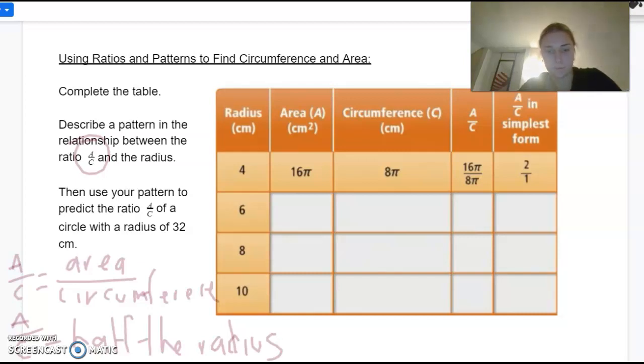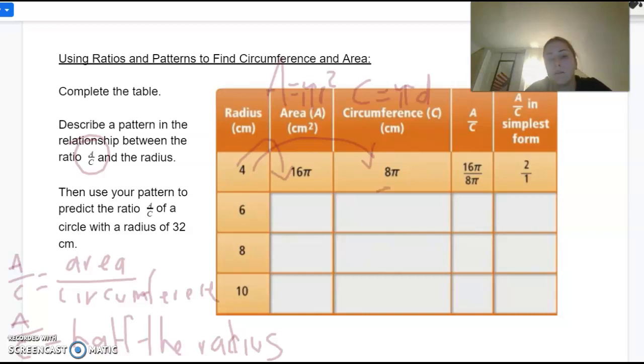So we have 4 for the radius. That gives, and we're getting 16 pi because we did area equals pi r squared. Okay? That's how we got from here to here. Then we come over here to circumference. We have pi times diameter. So our diameter is 8. So if you're looking back at this 4 times 2 for the diameter, that gives you your 8 and then pi.